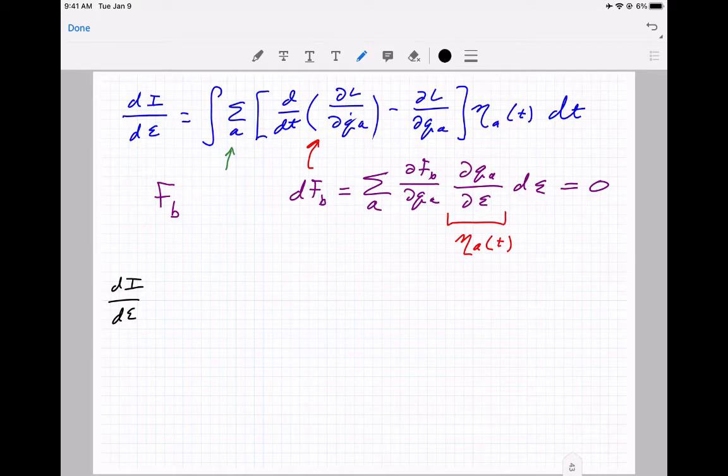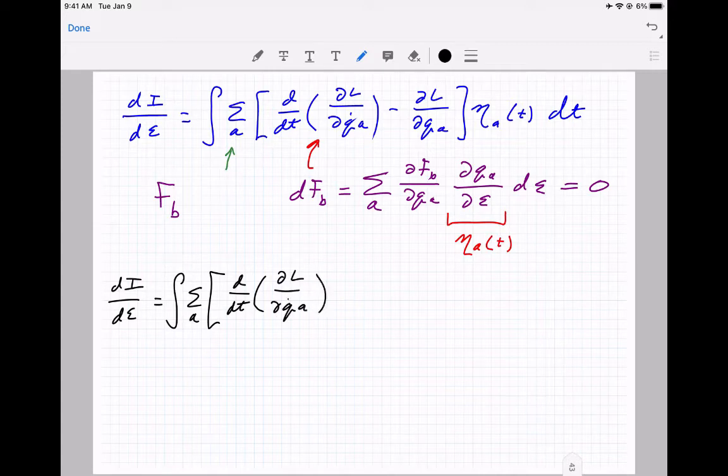And that is going to be equal to the sum over A, integral, sum over A, we've got d by dt, dl, dq dot A, minus dl, dqa. And now all I have to do is just add in this equation of constraint, but I don't know what proportion to give it.